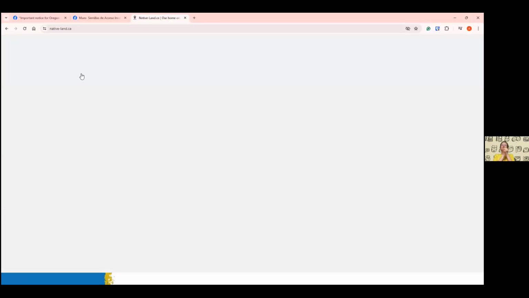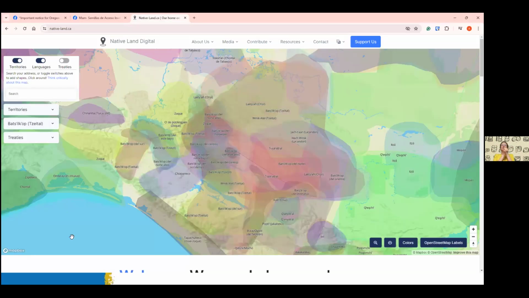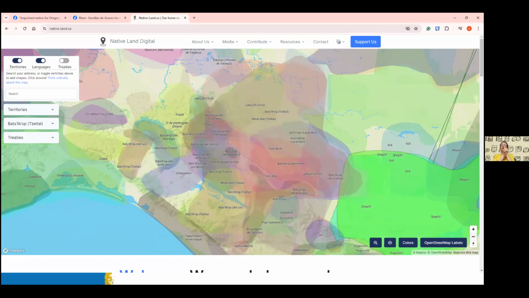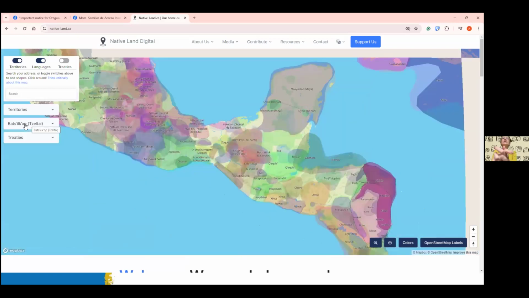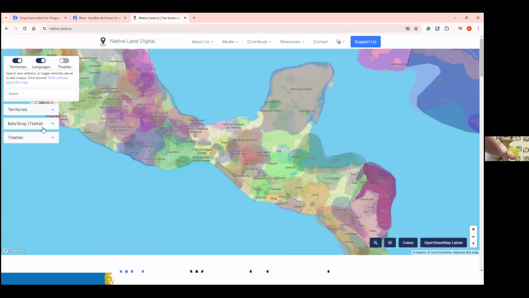This is a really wonderful resource where you can actually go and, we won't do this now, but you see in the search field, you can just type in your address and you can find out essentially whose territory you're on.